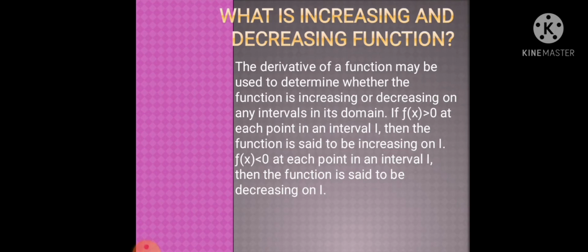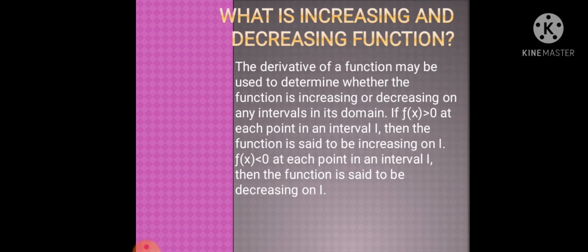What is an increasing and decreasing function? The derivative of a function may be used to determine whether the function is increasing or decreasing on any intervals in its domain.